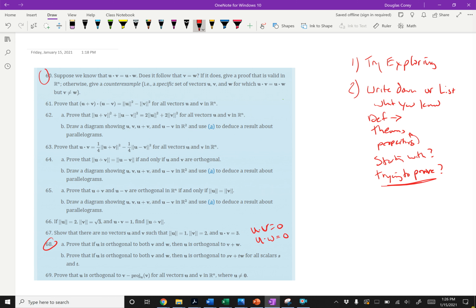What am I trying to prove? Looking at the end, what do I know about that? u is orthogonal to v plus w. What would we have to show, or what does that mean? Well, that means u dot (v plus w) has to equal 0. So just trying to write down, going back to definitions, what those things mean gets you something.